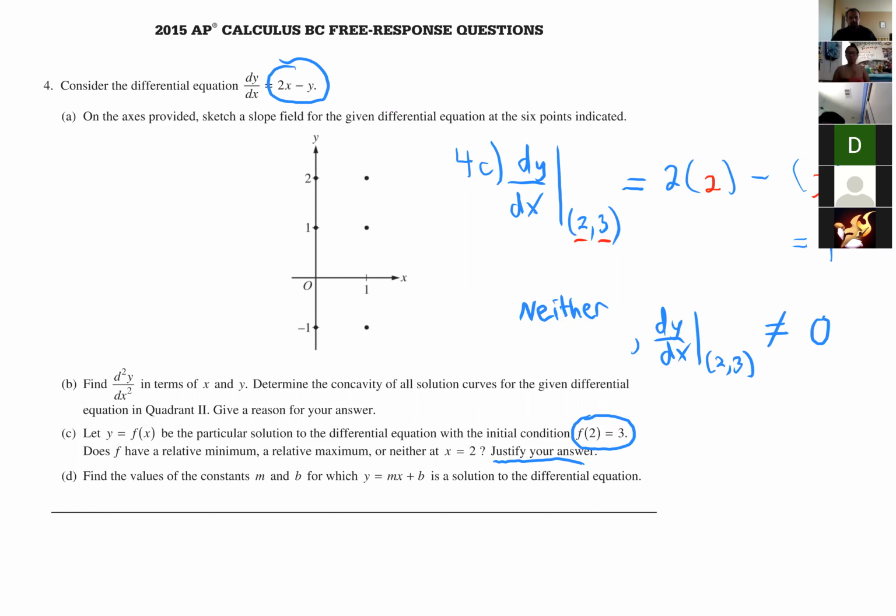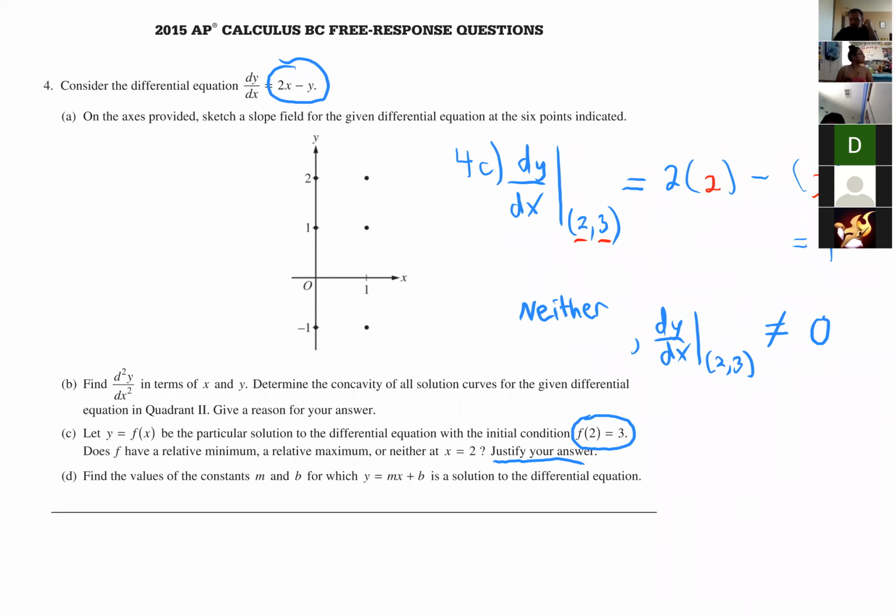What if I said no, but because the 2 has a slope? Is that too general? What do you mean? My explanation was neither, because (2, 3) has a positive slope at x equals 2. As long as you can show that it has a positive slope, that should be fine, because the slope is 1.